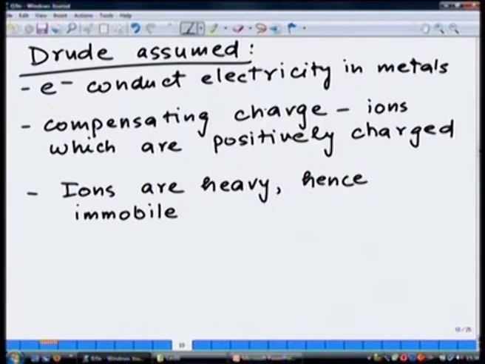You see it in connection with the first one, that electrons conduct electricity in metals. There are electrons and then there is a compensating charge. That compensating charge is positive and is called ions, and since electrons conduct, ions are not conducting, which means ions are immobile. Had they been moving, they would also have been conducting.